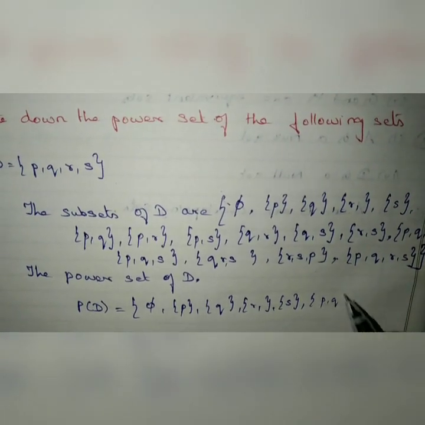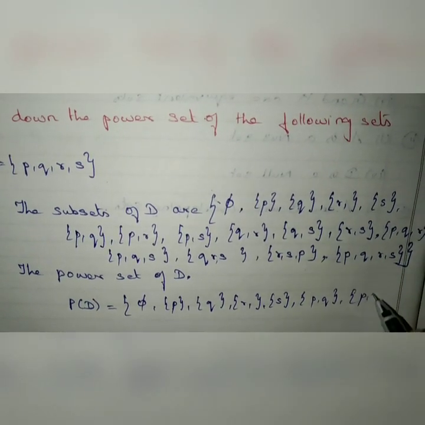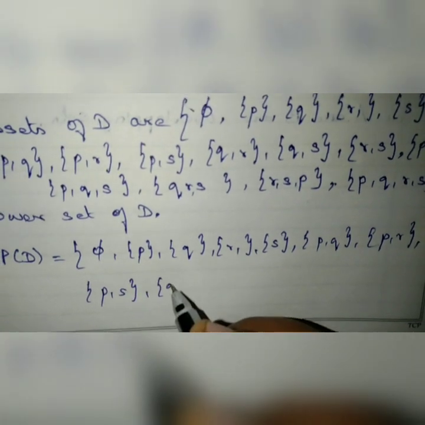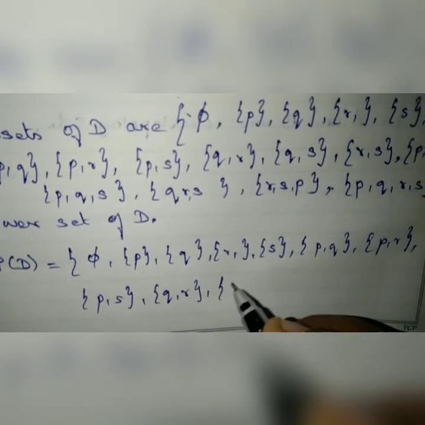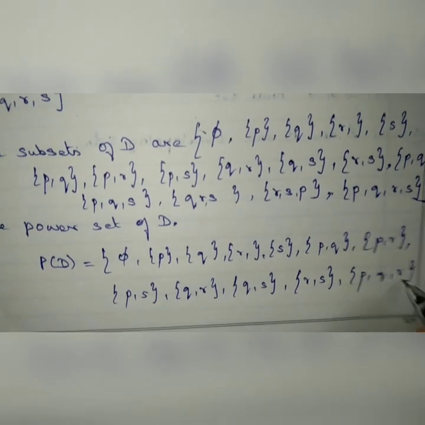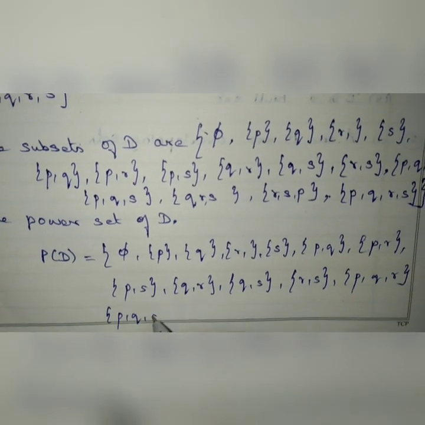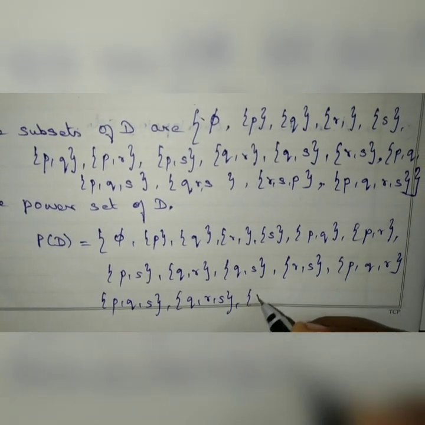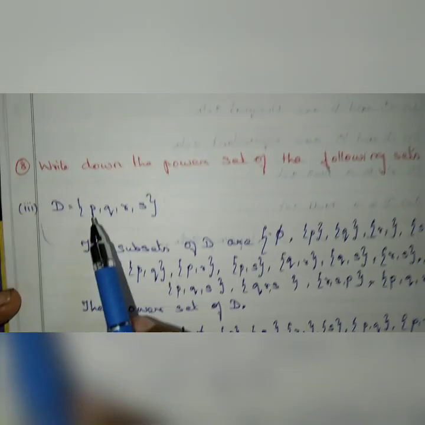Then set PQ, set PR and set PS, set QR, set QS, set RS and set PQR, set PQS and set QRS, set RSP and set PQRS.